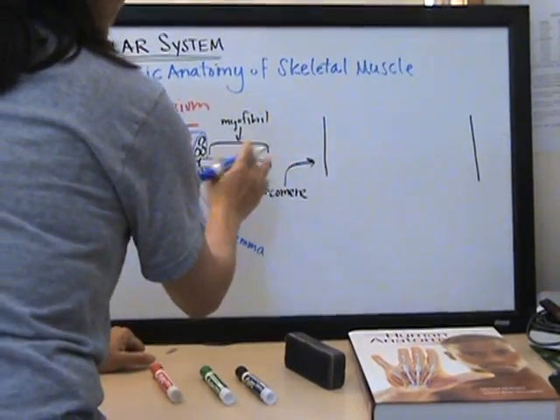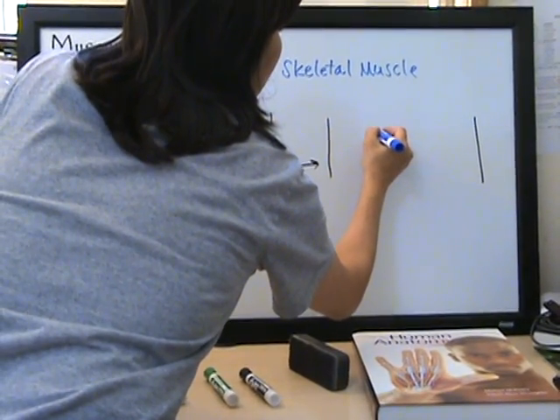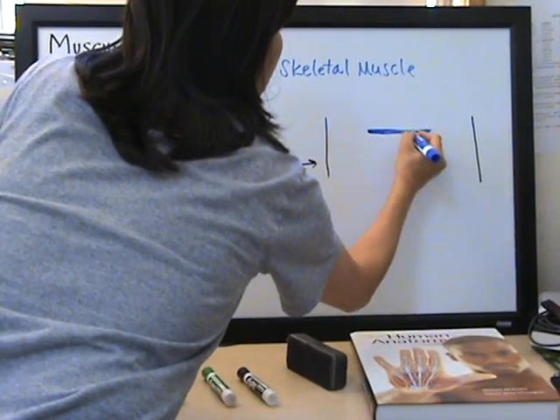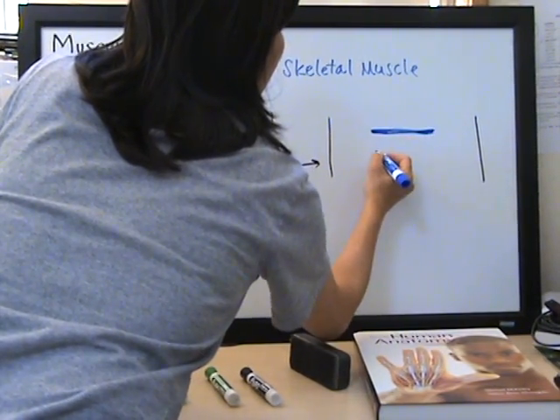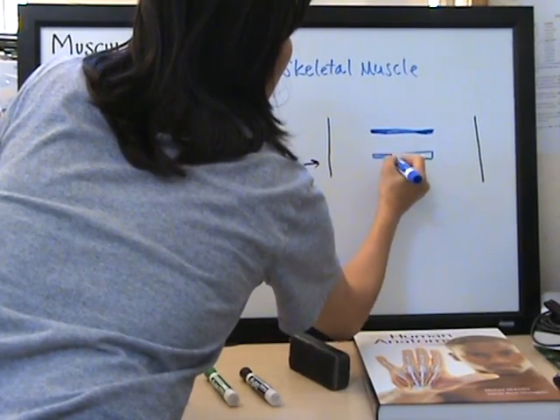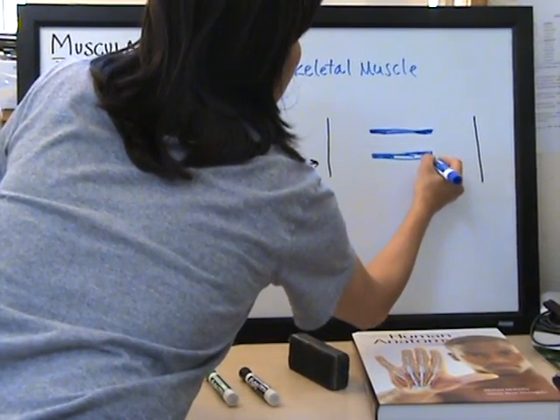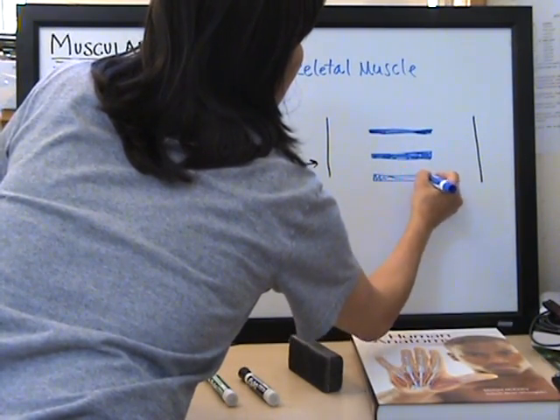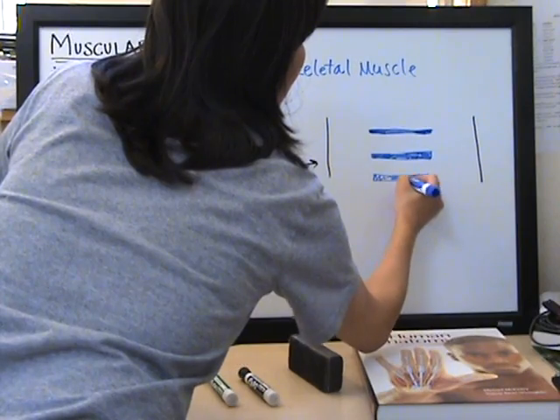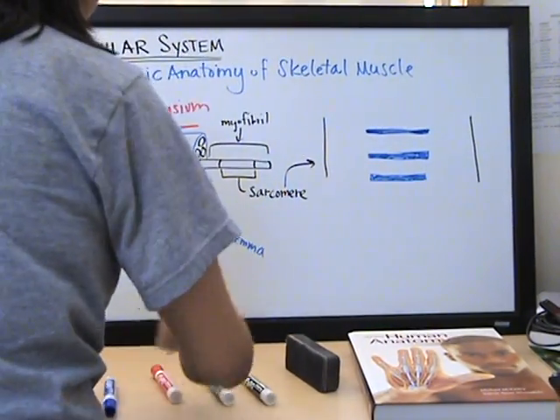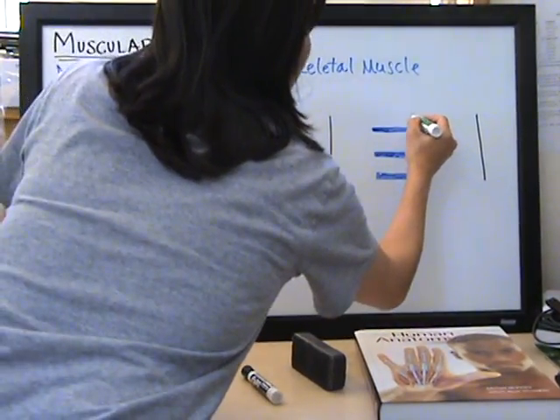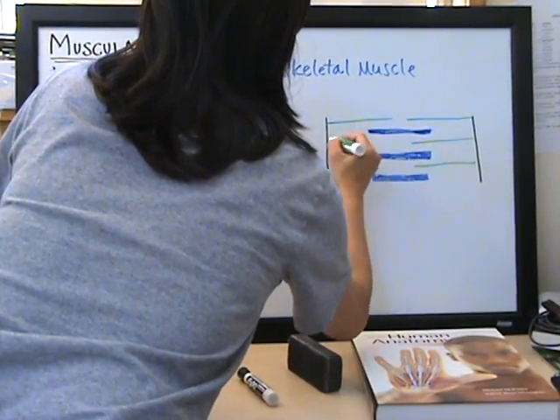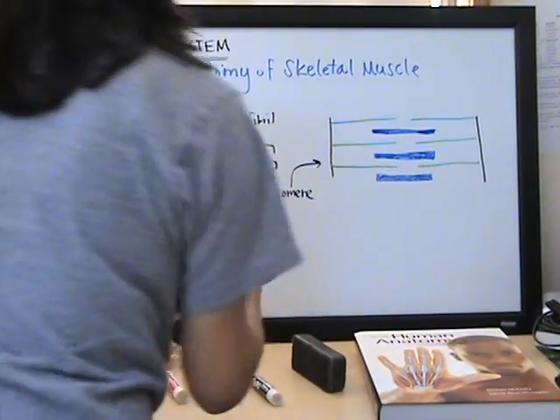So let's take a look at what is found within a sarcomere. Now the sarcomere is made up of protein filaments called myofilaments. Some are thick, and some are thin. Okay.